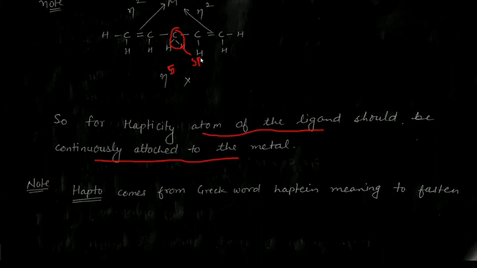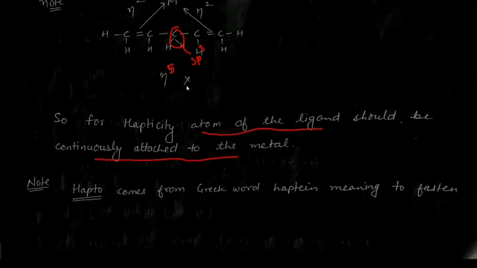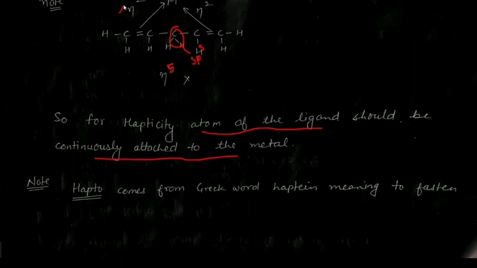Due to sp3 hybridization, there is no conjugation and these 5 carbon atoms are not continuously attached to this metal M. So this compound doesn't have eta 5 hapticity. Rather, it has eta 2 hapticity from this side and eta 2 hapticity from this side.